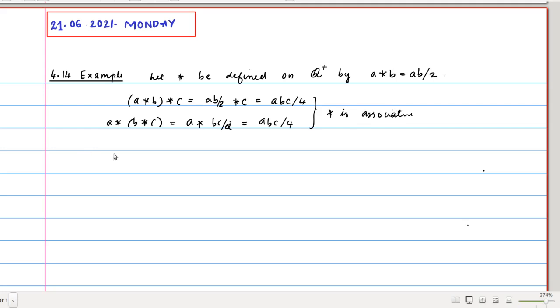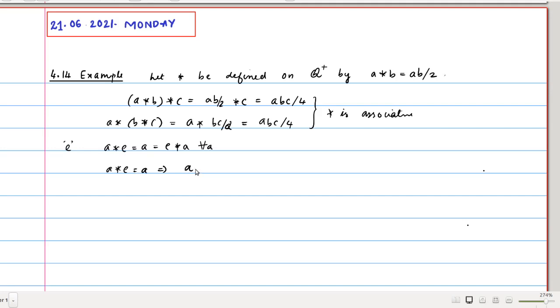Now let's verify the existence of the identity. The identity is defined as e. What is the property of this identity? a star e should be a, which is equal to e star a, for all a. So we have to find an element e such that e satisfies this condition. By definition, a star e equals a. What is a star e?